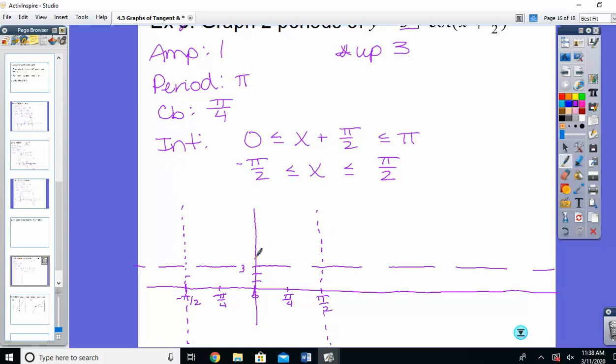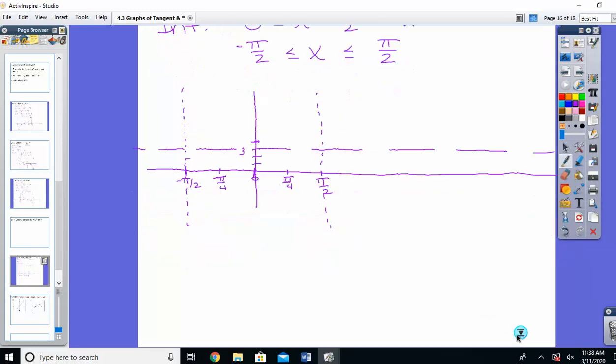My amplitude is 1, so we'll be going 1 above and below this dashed line that we have. Was I graphing tangent or cotangent? Cotangent. Cotangent starts at its high point, so at negative pi over 4 you should be at 4. At 0 you hit the dashed line, at pi over 4 you come down to 2.